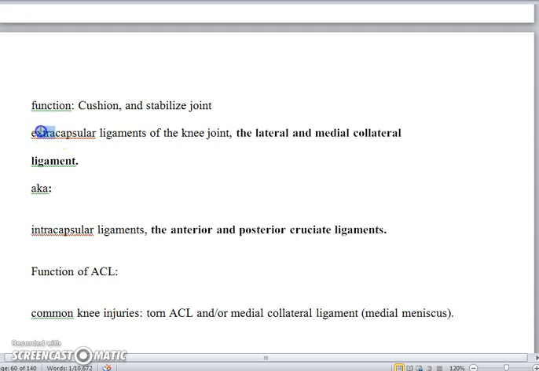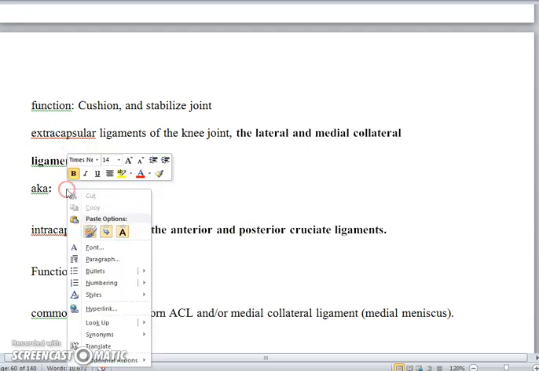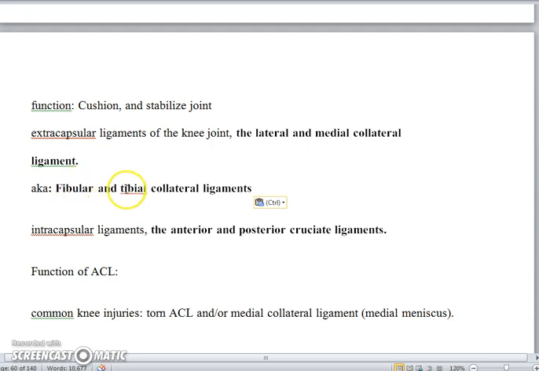On the outside of the joint capsule, you've got the lateral and medial collateral ligament, which are also known as the fibular and tibial collateral ligament. So the lateral is also known as the fibular collateral. The medial is also known as the tibial collateral.